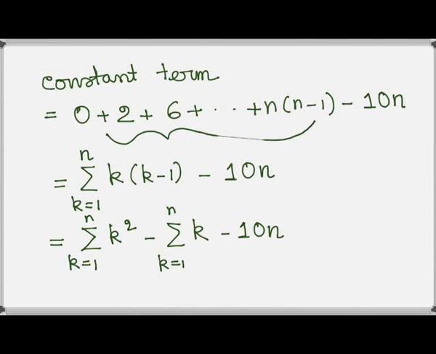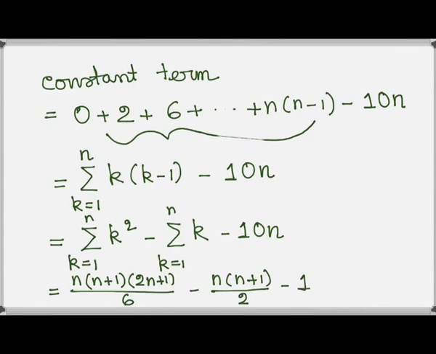So therefore this is n into n plus 1 into 2n plus 1 divided by 6, this is minus n into n plus 1 divided by 2, and this is minus 10n.